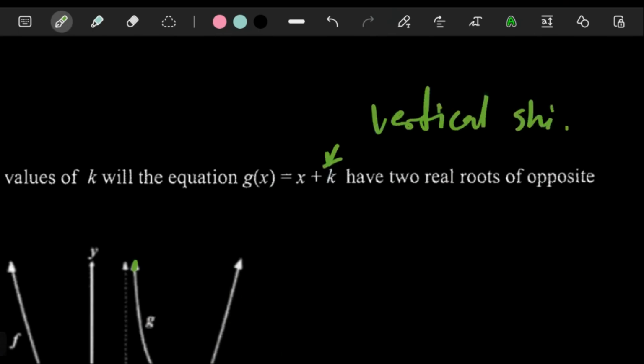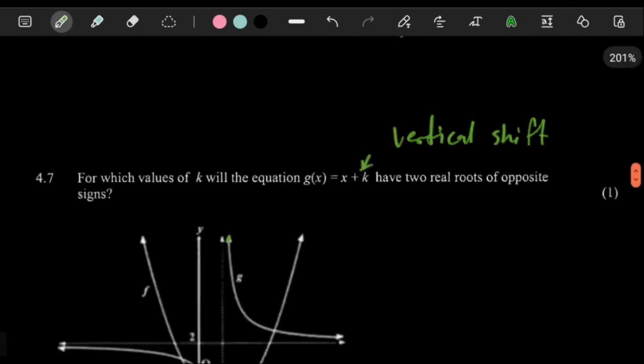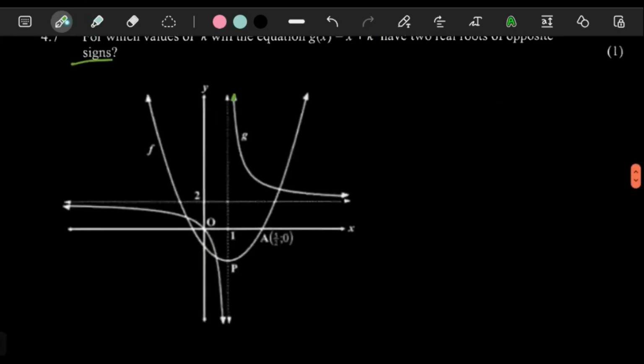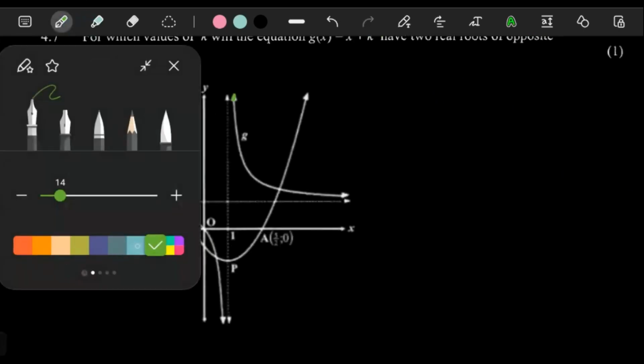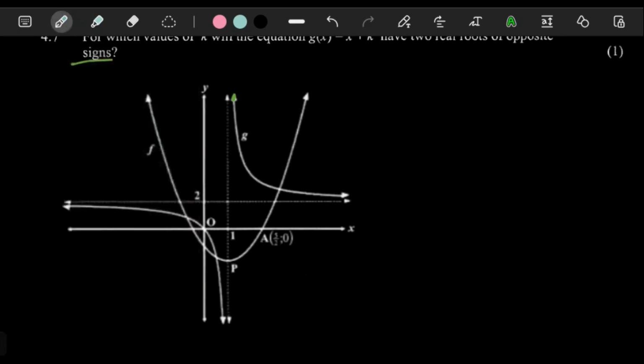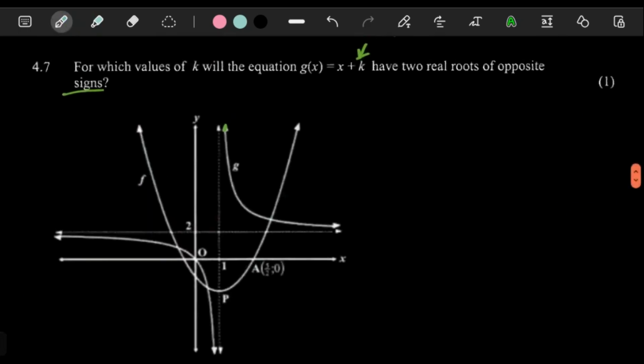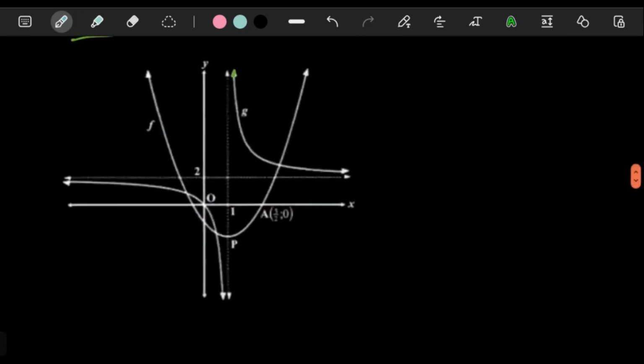So since we know that k is a vertical shift, they're asking you how many units up or down do you need to move your graph for it to have two roots that are of opposite signs? Meaning, how many units do you need to move it for it to have one x-intercept that's a plus and then one x-intercept that's a minus?